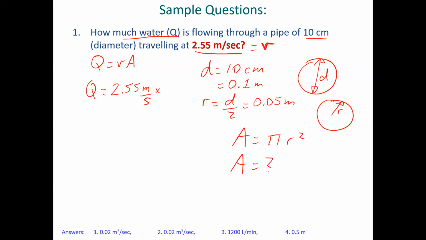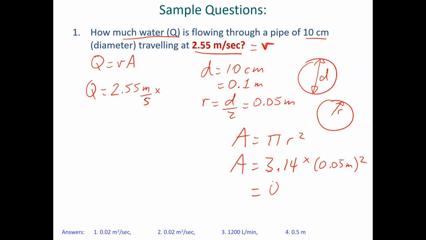Area equals pi, which is 3.14. I actually have a pi button on my calculator I can use as well. And then my radius is 0.05 meters, and I'm going to square that. So I'm going to punch all that into my calculator here. So here goes: 0.05 times 0.05 times 3.14159.